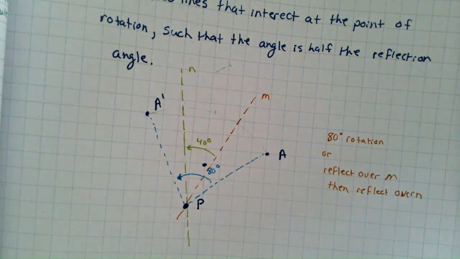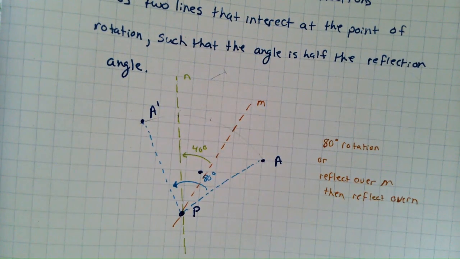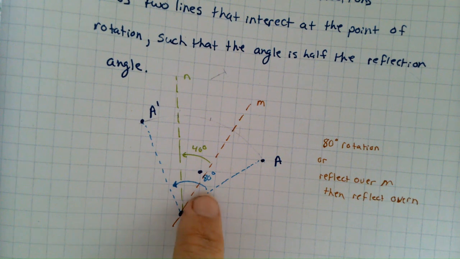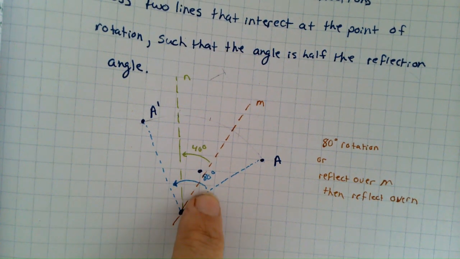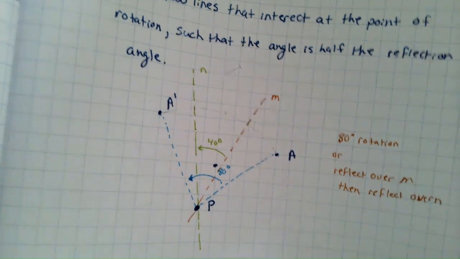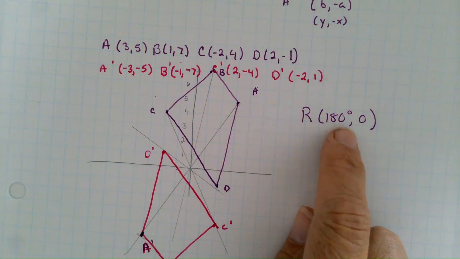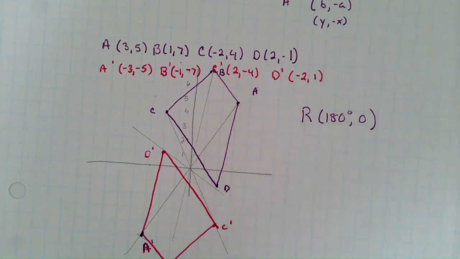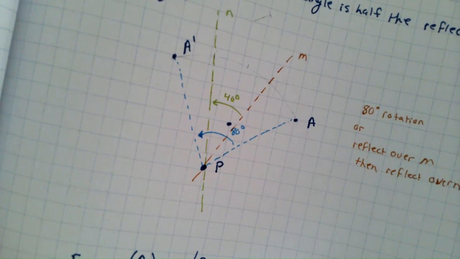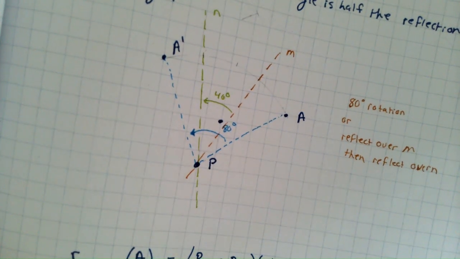So as long as the angle is half the reflection angle. So the rotation angle here is 80. This is 40. When I talked about the other one, it was a 180 degree rotation, which is why I had to do 2 90 degree reflections. To get an 80 degree rotation, you have to do 2 40 degree reflections.